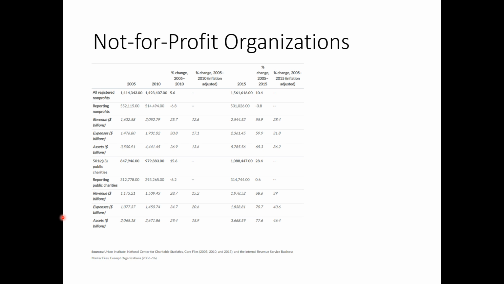Let's look at the statistics for not-for-profit organizations. This is the data showing the change between 2005 and 2015. For example, the number of registered nonprofits increased from 1.4 million to almost 6 million during that past decade, showing a 10% increase.